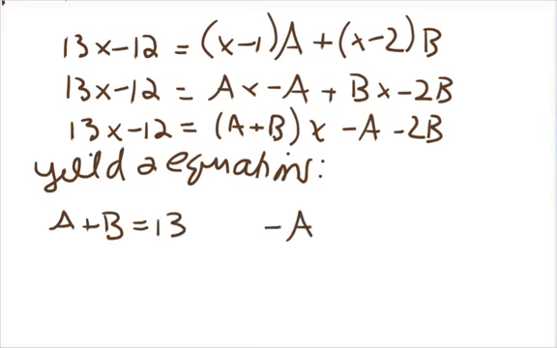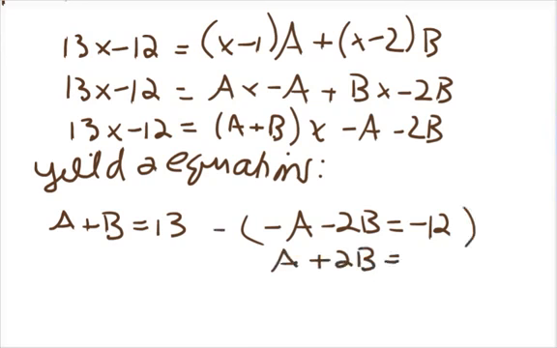And it's going to yield minus A minus 2B equals minus 12. Okay, so I'm going to multiply this whole thing through by negative 1. And you're left with A plus 2B equals 12. Okay, so solving for A is 13 minus B.